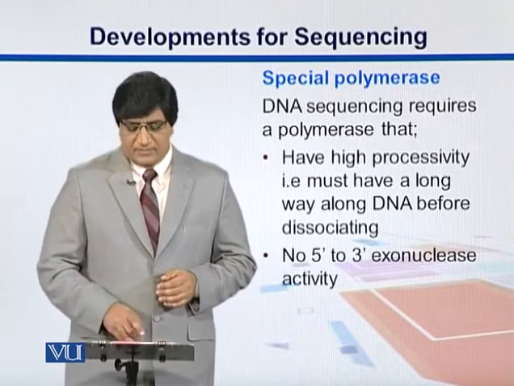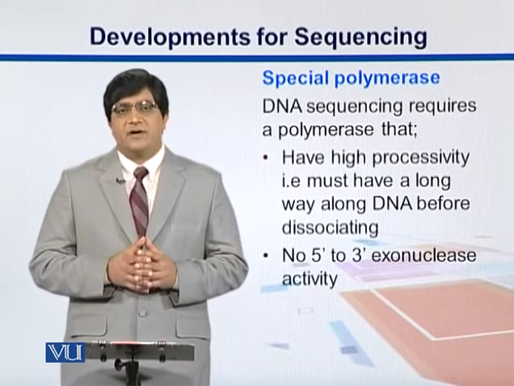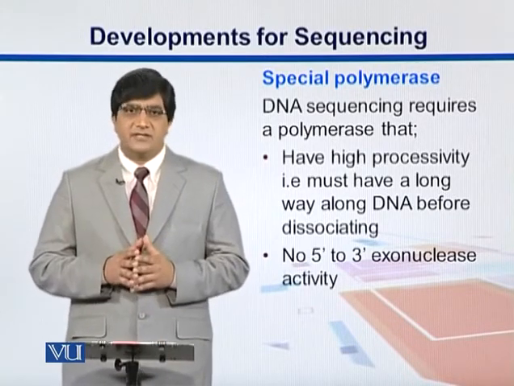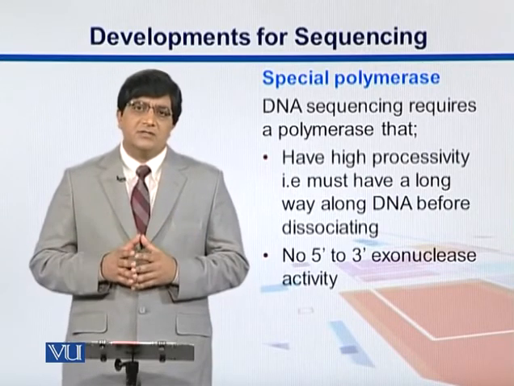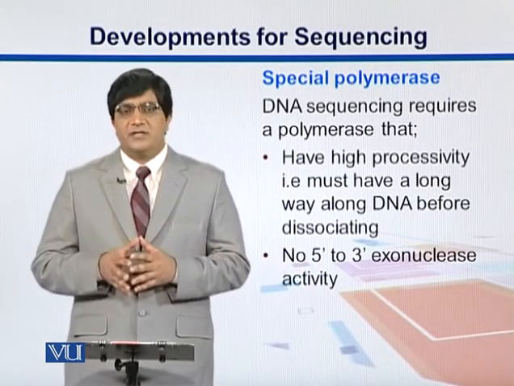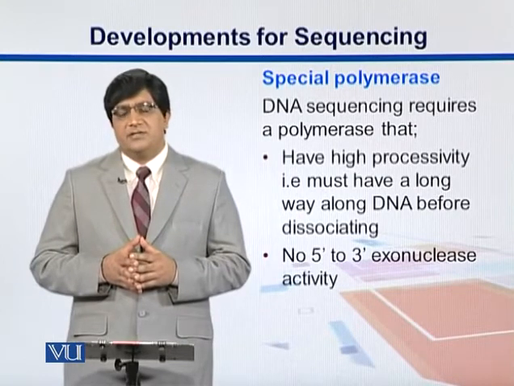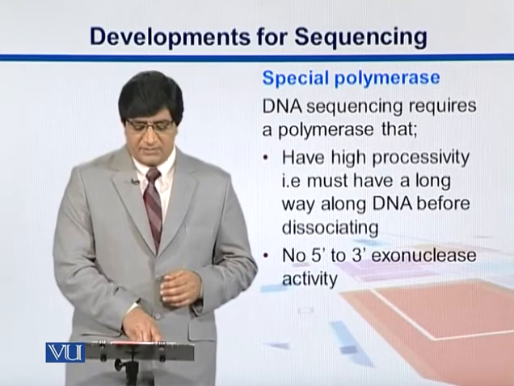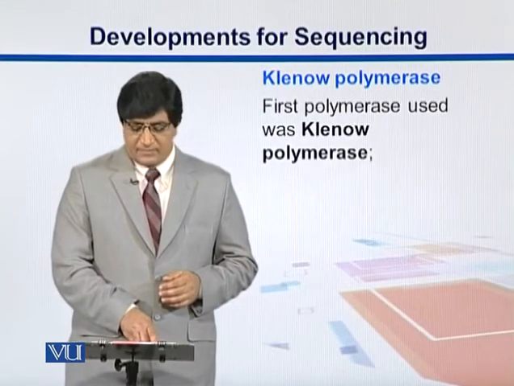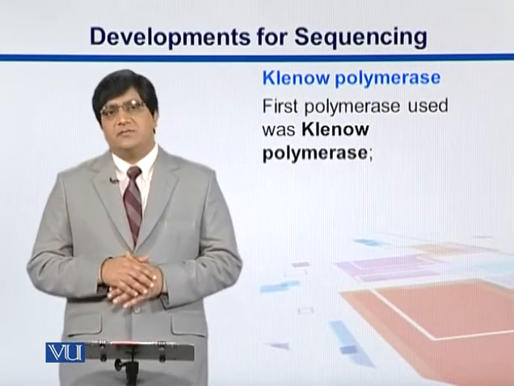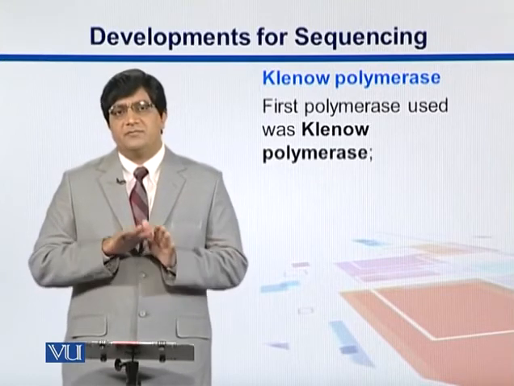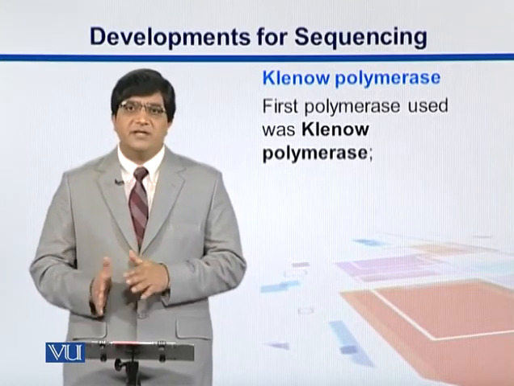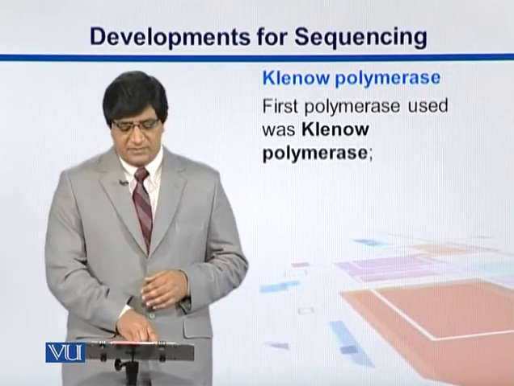Secondly, normal polymerases have 5 prime to 3 prime exonuclease activity, which plays an important role in DNA repair. But during sequencing we don't want this activity, so we need a special polymerase called the Klenow polymerase. If we take away that 5 prime to 3 prime exonuclease activity, the remaining part is called the Klenow polymerase.